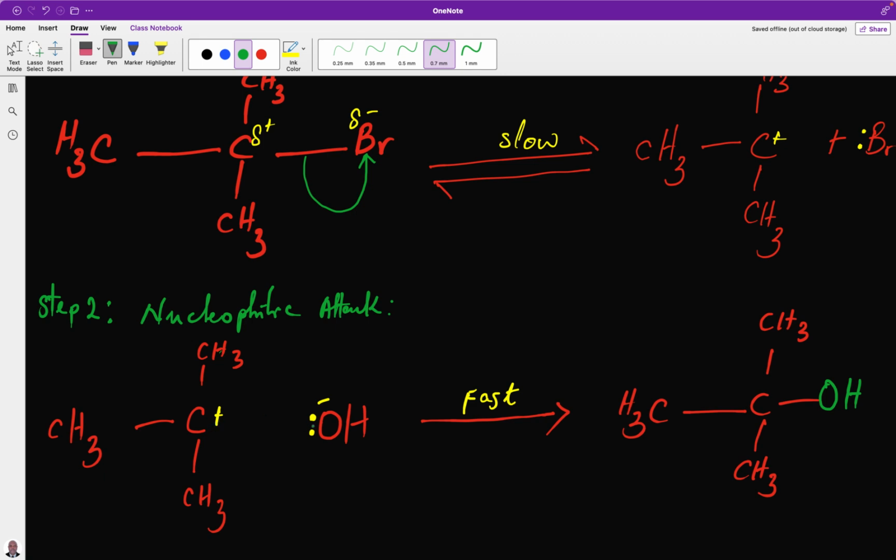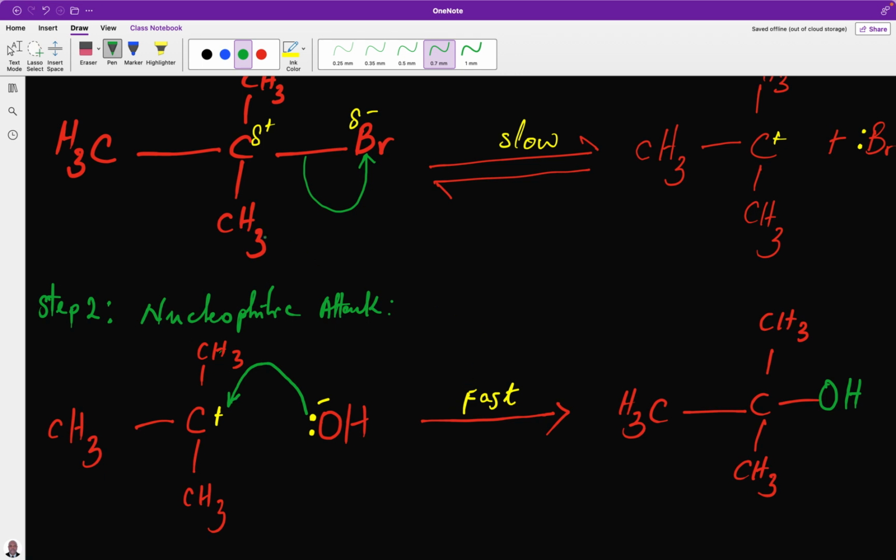As it is donating the lone pair to the positive carbon, it is forming a new covalent bond between carbon and oxygen. A new covalent bond is now formed between carbon and the OH. And this is indicated by the curly arrows. See how the curly arrow goes from the lone pair of electrons to the positive carbon.